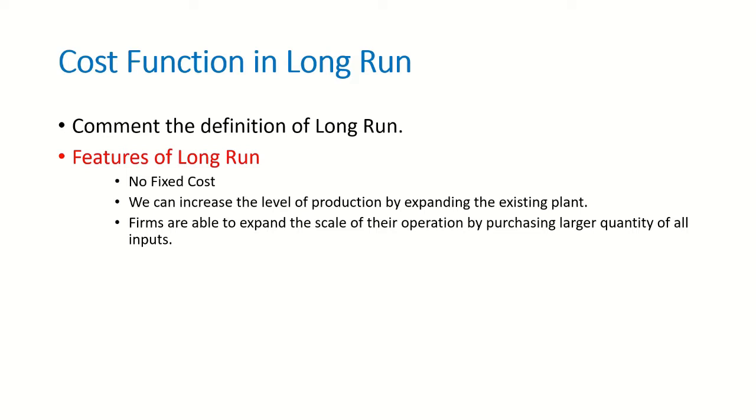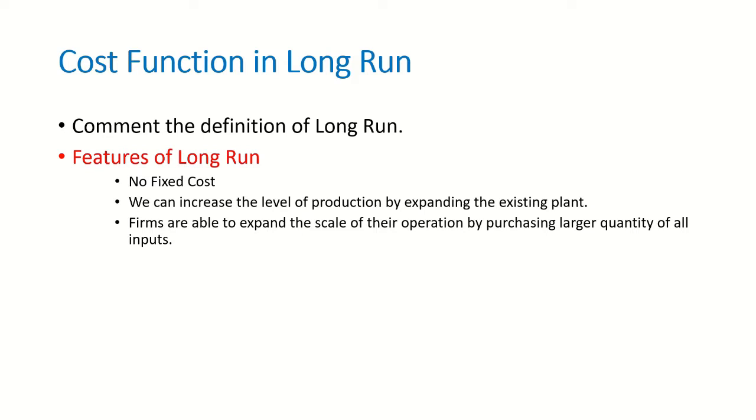The next one is that firms are able to expand the scale of operation by purchasing a larger quantity of all inputs. As I said earlier, in the long run all inputs are variable, so the firms are able to expand the scale of operation by purchasing a larger quantity of the inputs.